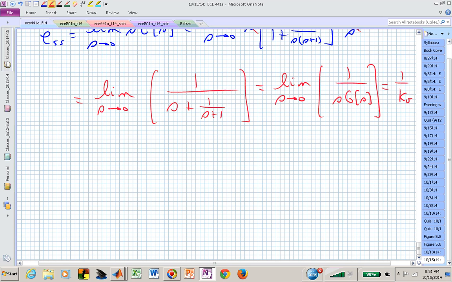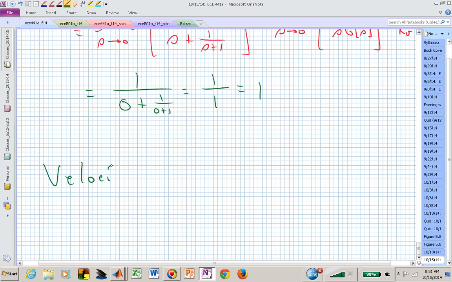And because G of s had an s in the denominator, as s goes to 0, we have 1 over 0 plus 1 over 0 plus 1. Is that okay? That's 1, isn't it? And our velocity gain constant is this K sub v, which is the limit as s goes to 0 of s G of s.